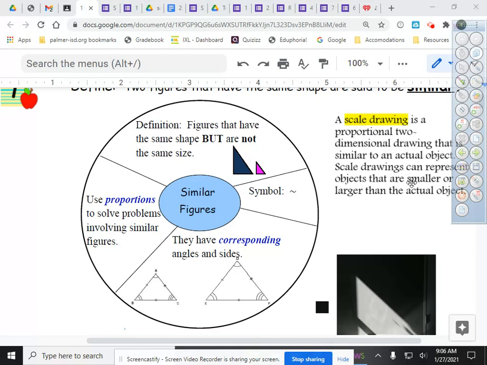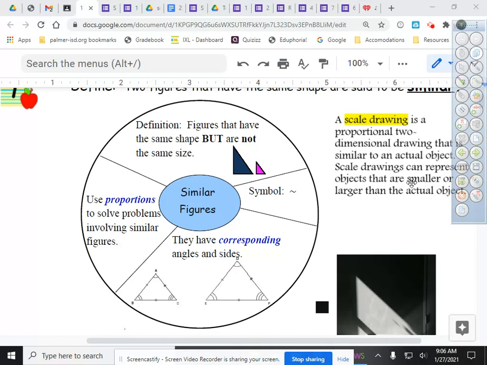When else do you think you might use this in the real world? Maybe at a bank, or work, like welding, building a car. You might also use this in science class. What are some things that you draw in science that are a lot smaller than what you draw?